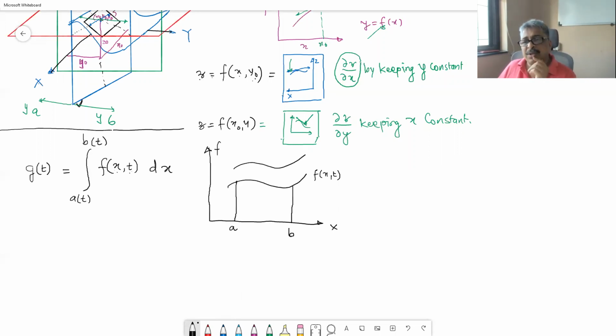Now there could be one case where your a and b are not changing with respect to t, therefore you can evaluate that function by just extending these values over here. In that case, a and b are constants. They are not dependent on t.